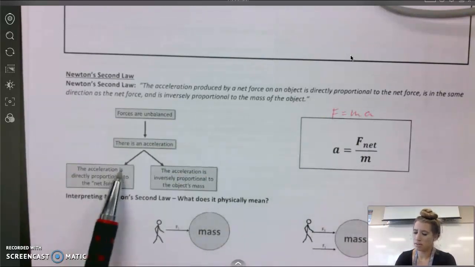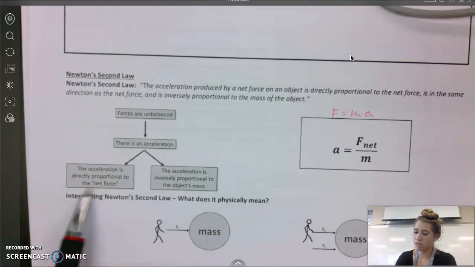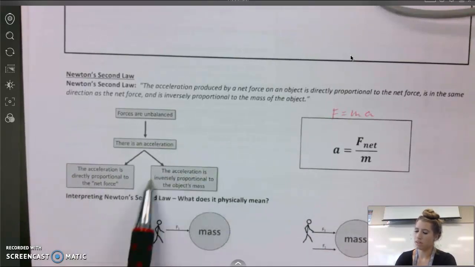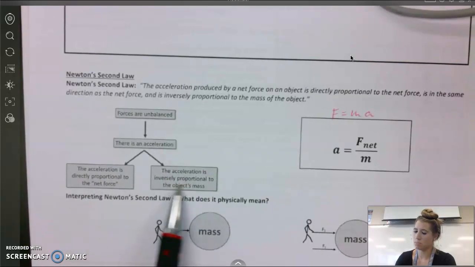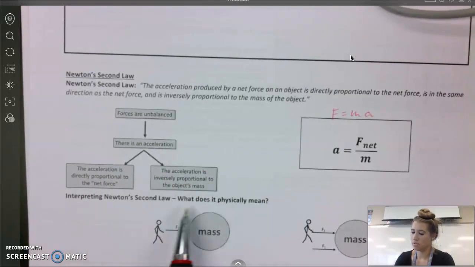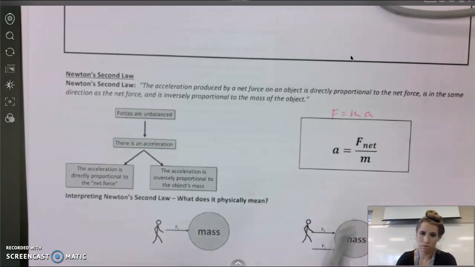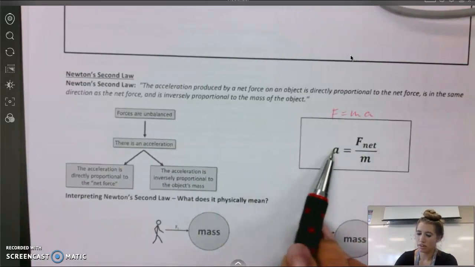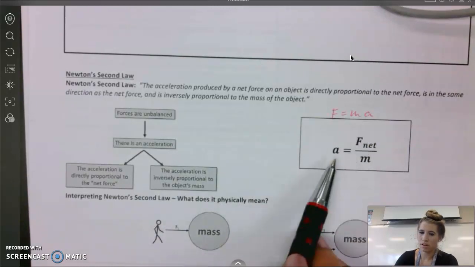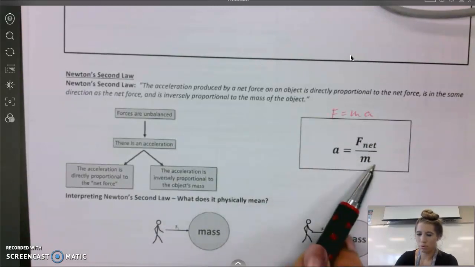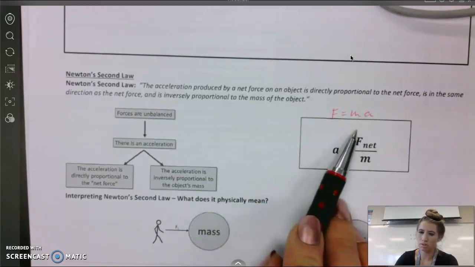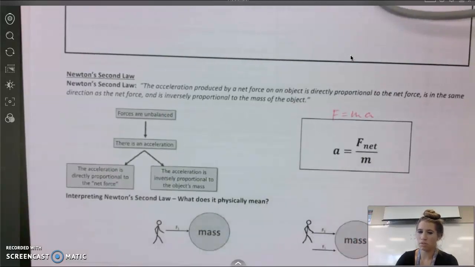So acceleration is directly proportional to the net force, and acceleration is inversely proportional to the object's mass. Both are true, right? Because that's what you see. So directly proportional to the force, inversely proportional to the mass.